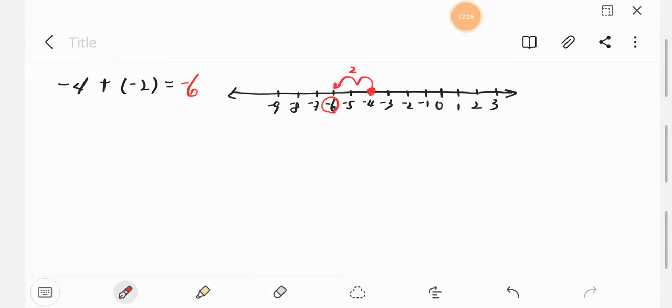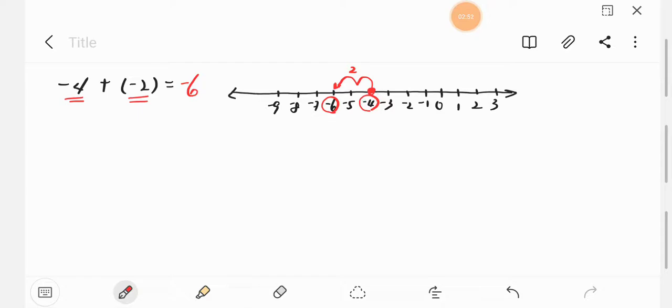So that is -6. In this case, this is addition, and these two numbers are negative numbers, right? If you are adding two negative numbers, we get a more negative number. From 4, what we did is add 4 plus 2, which is 6.